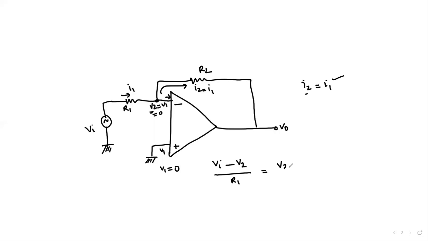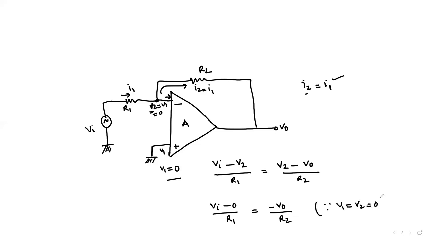I2 would be V2 minus VO divided by R2. That's the simple Ohm's law. And we know that V2 is 0 because V1 is 0 and because the gain is infinite. So it would be Vi over R1 equals minus VO divided by R2, because V1 is equal to V2 is equal to 0. Because the gain is infinity, we've considered that.